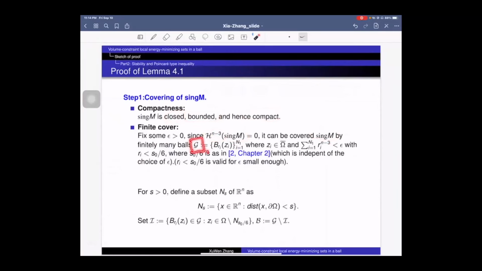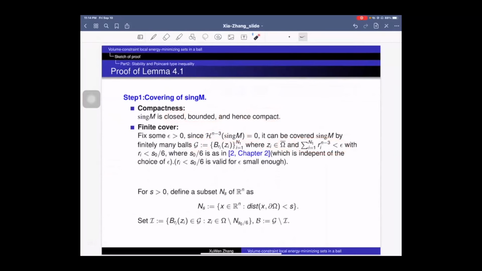which is collected by G. And here the balls have centers Zi, which lie in the closure of omega, and the radii of these balls satisfy this formula by the Hausdorff dimension.